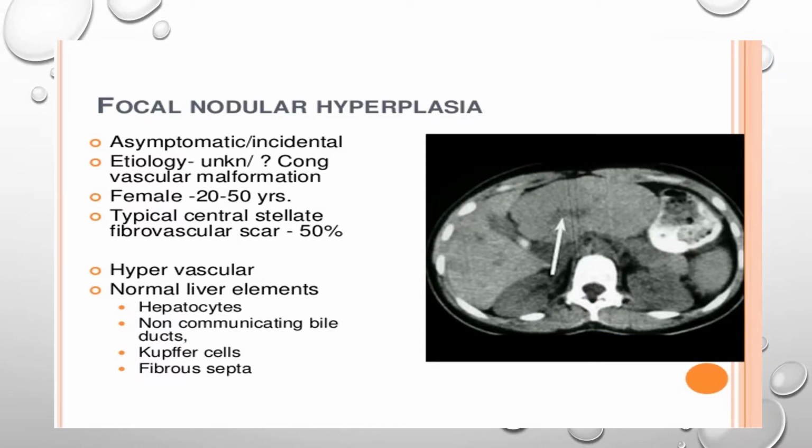So it contains normal liver elements, unlike the hepatic adenoma, which does not have Kupffer cells and bile ducts. Here we will see Kupffer cells as well as non-communicating bile ducts.